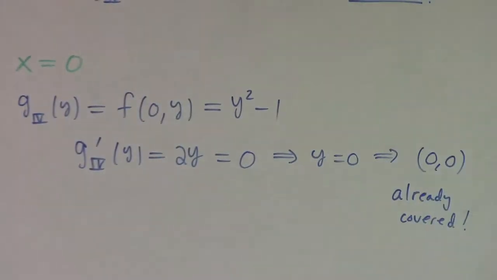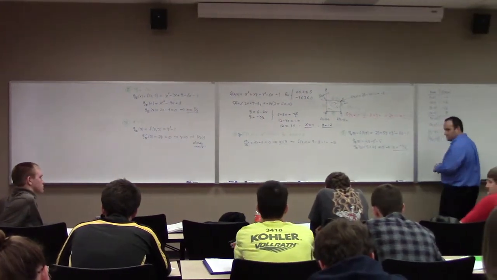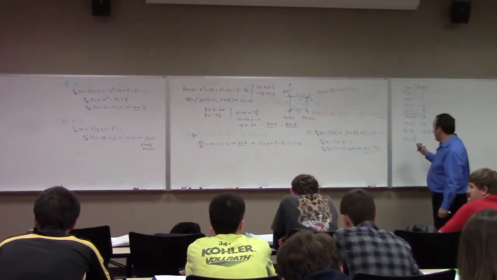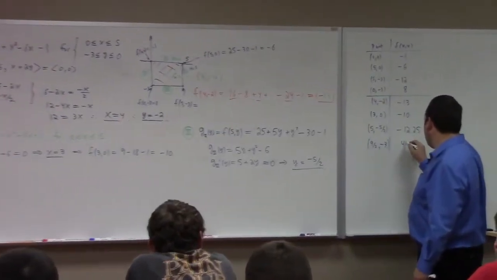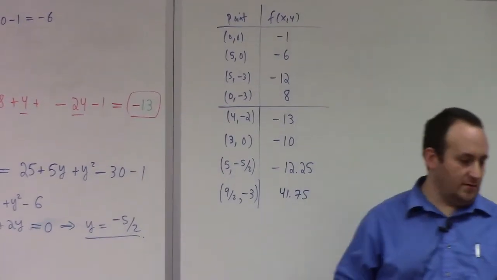So what did we get for this? If I punched in right, 41.75. 41.75. Agree, disagree?